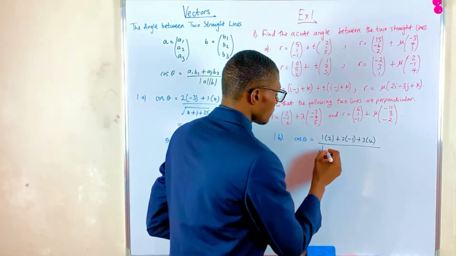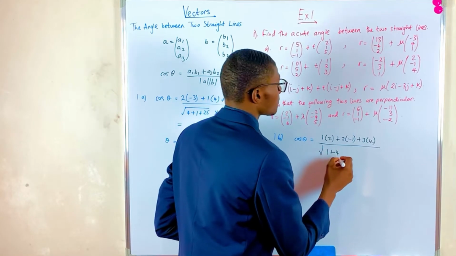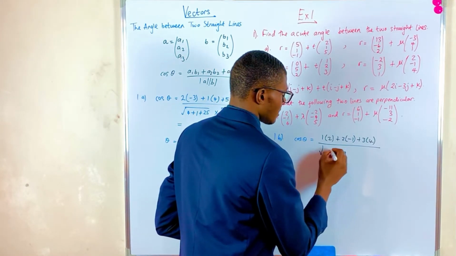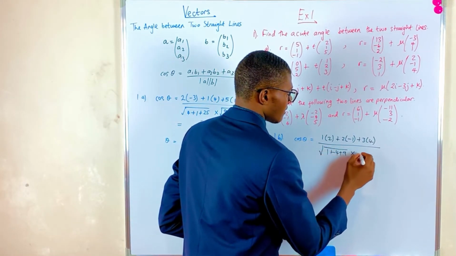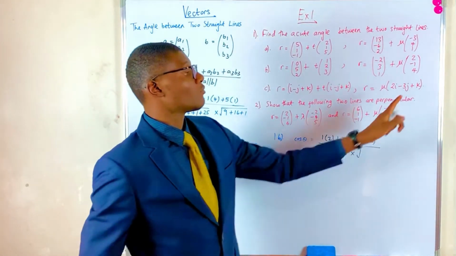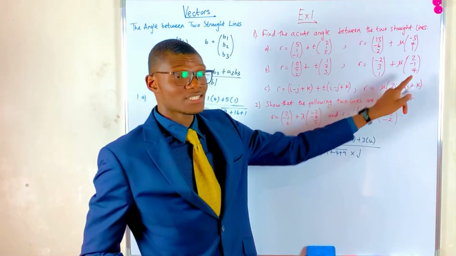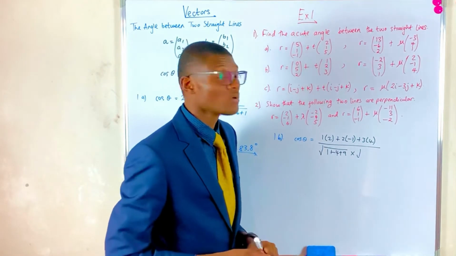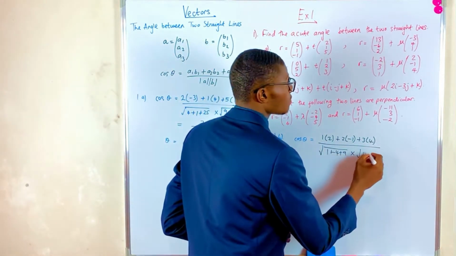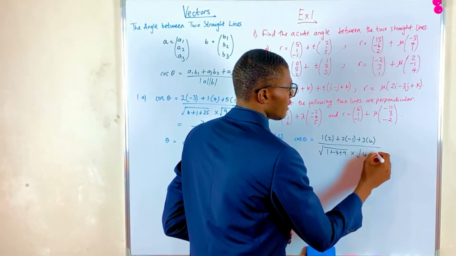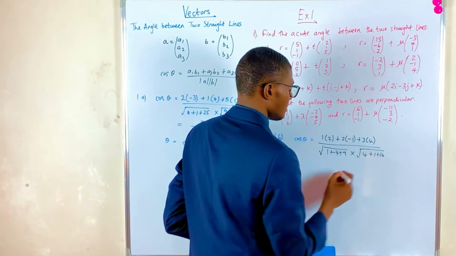We're saying 1 squared, we get 1, plus 2 squared, that's 4, plus 3 squared, that's 9, times the square root of the magnitude of this direction vector, 2, minus 1, 4. 2 squared, that's 4, plus 1 squared, 1, plus 4 squared, you get 16.